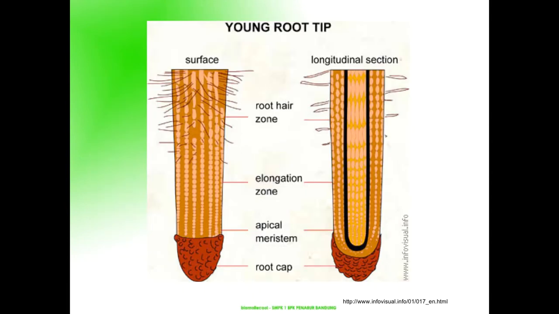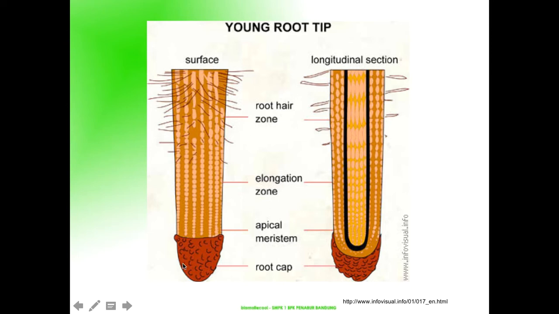Now, you also see another picture on the screen. It's the image of a root. This is the appearance, the morphology. You see there is an area on which you can find the root hair. We call it the root hair zone, and this is the elongation zone, the area in which cells are elongating.